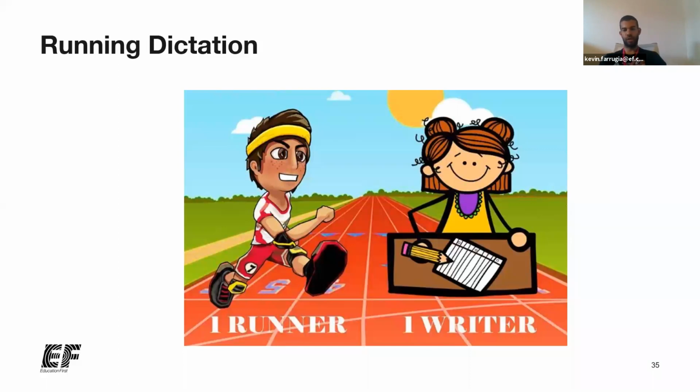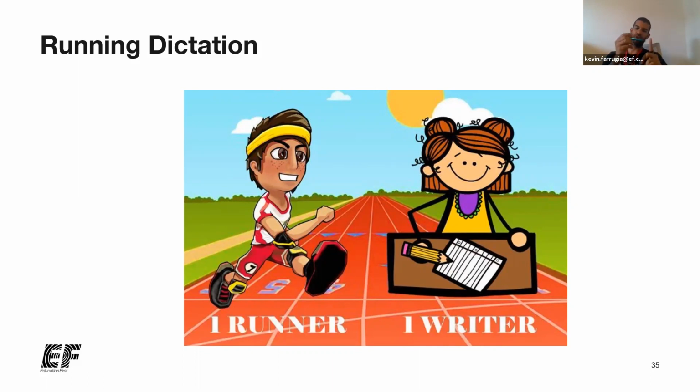A few more before I ask you a few questions. Running dictation. Many of you have done this. So basically what you do is that you have a text, a reading text, that is stuck on a wall in the classroom or in a corridor outside. You have a runner and you have a writer. The writer stays sitting down and writes what the runner tells them.